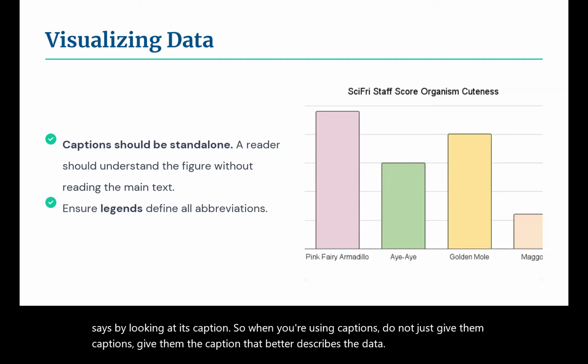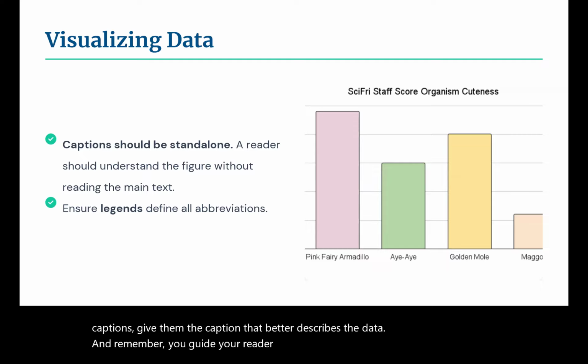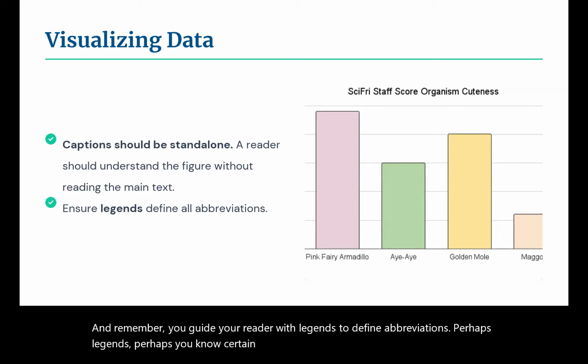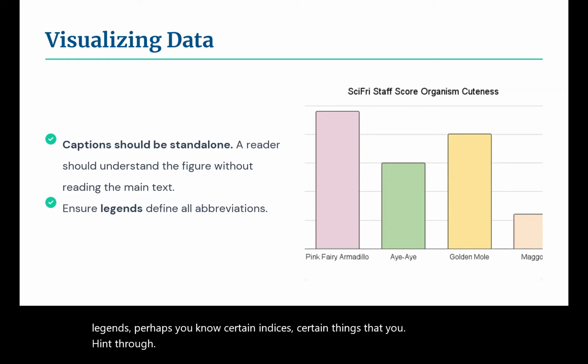And remember, you guide your reader with legends to define abbreviations, perhaps certain indices, certain things that you hint through. Legends should be clearly indicated. So the caption, the legends, the statistics and lines and contours, everything matters, right?